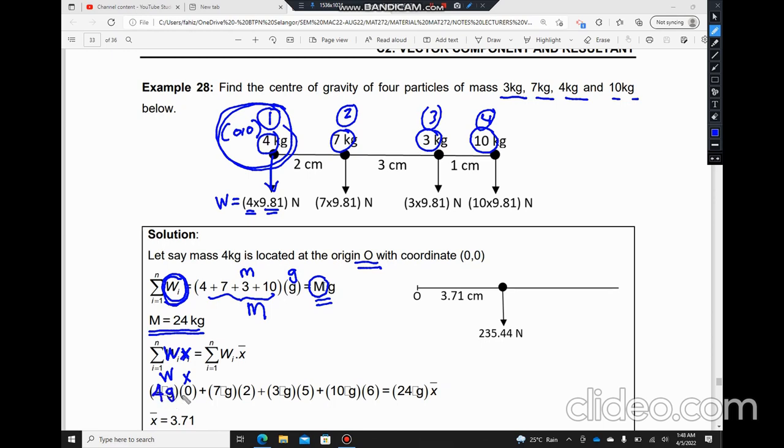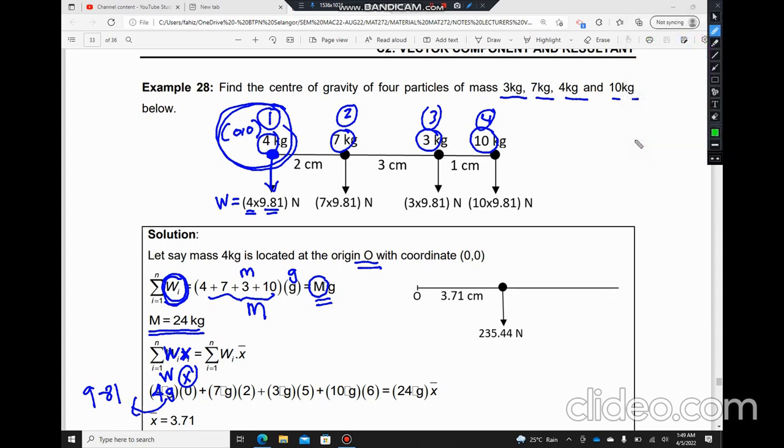G ni sebenarnya gravity, tapi dalam kes ni kita tak ganti 9.81 pun tak apa. Dia still akan dapat nilai yang sama kalau awak just gantikan dengan g. Then x ni distance dia adalah 0 sebab dia berada pada kedudukan 0, 0, macam pusat lah. So that's why 4g multiply by 0. Then second one, 7g multiply by 2. Okay, 7g here.